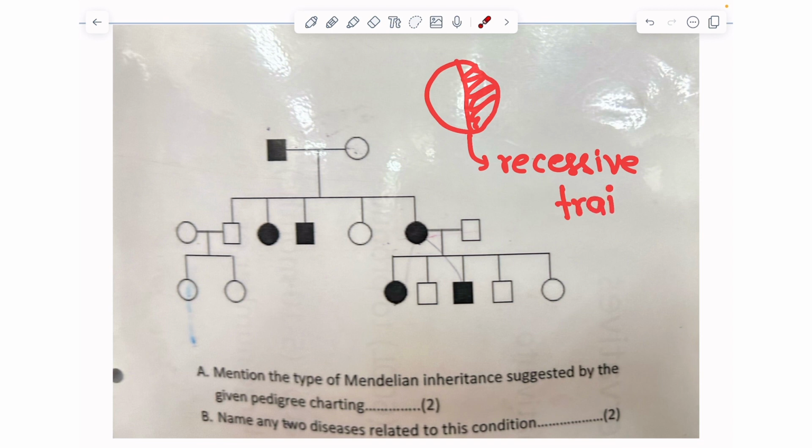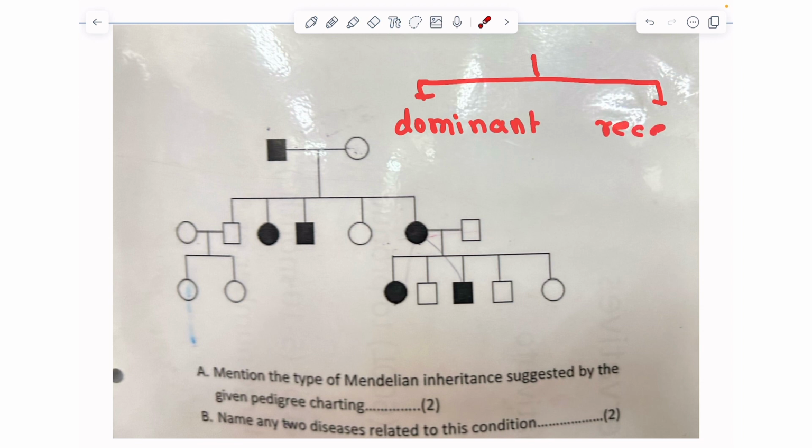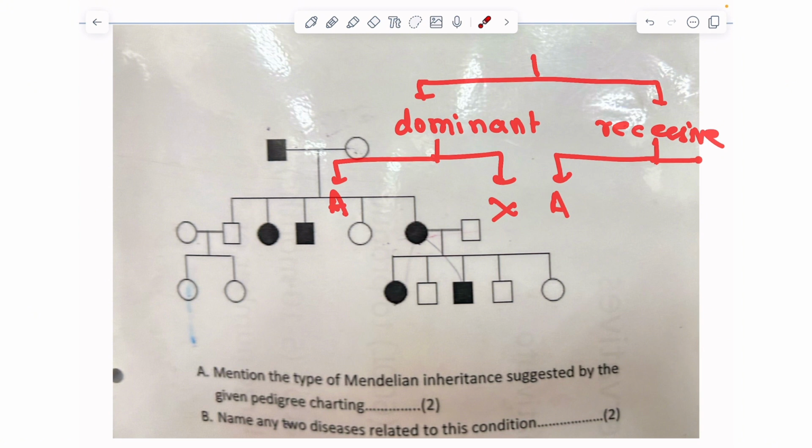I'll tell you later on in the video. But remember, carriers are possible only in case of a recessive trait. So there are altogether 2 types of inheritance, either dominant inheritance or recessive inheritance. Under dominant inheritance, it is either autosomal or X-linked. Under recessive, it is either autosomal or X-linked, right?